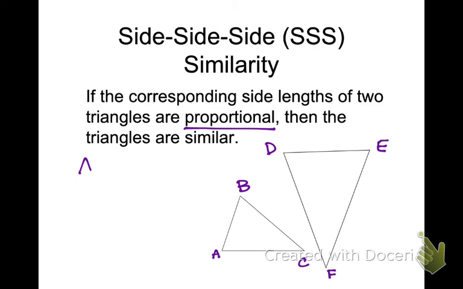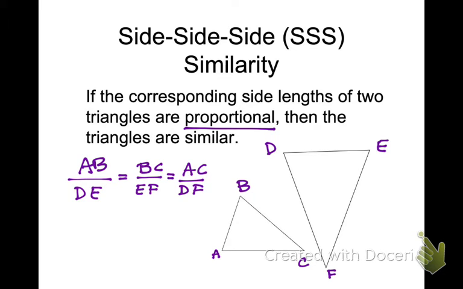So the length of AB divided by the length of DE should be the same as the length of BC divided by the length of EF, which should be the same as the length of AC over the length of DF.